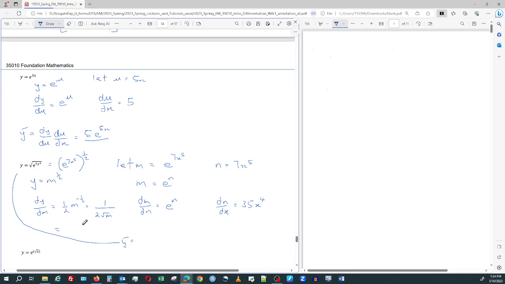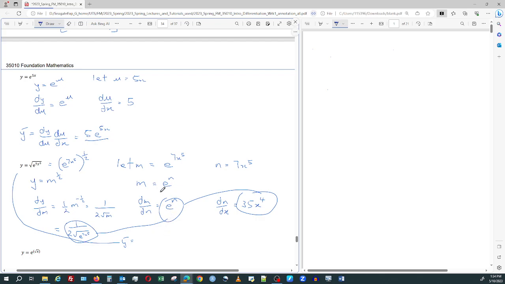So finally we put all the chains together for a y dash. And I'll just put this as 1 over 2 the root of m, which was e to the n, 7x^5. So that's just that term. That's just that chain. So that chain is going to chain together with that chain, and it's going to chain together with that chain. And all 3 of them will form the answer.